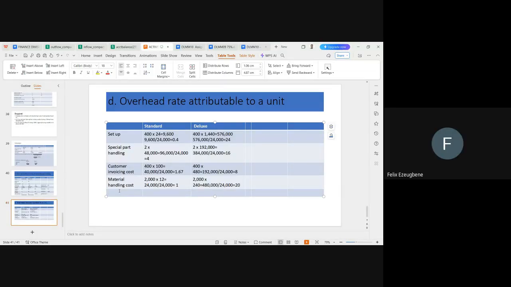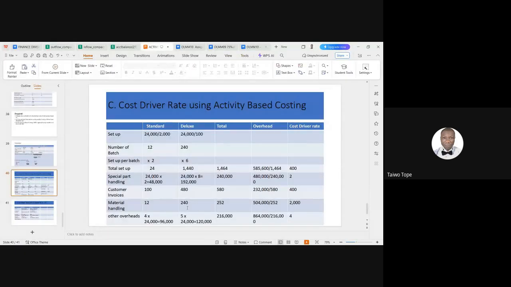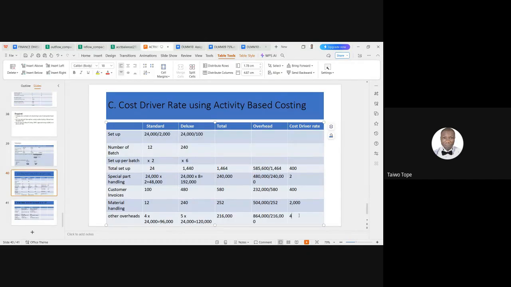Other overheads. Now, the driver rate for 1 hour is what? 4 naira.